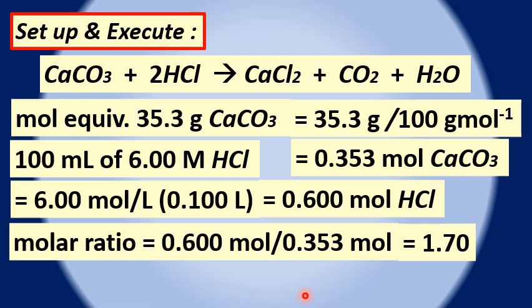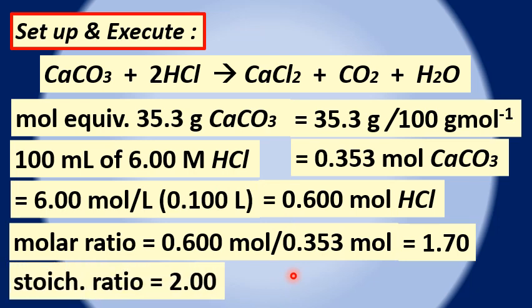And based on the balanced equation here, the stoichiometric ratio of hydrochloric acid to calcium carbonate is 2:1, or 2.00.